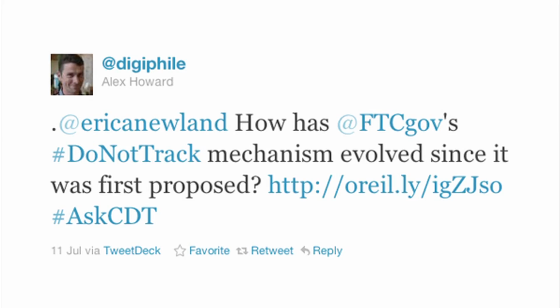Great. So the first question we're going to address is from Alex Howard, and he asked, how has the FTC's Do Not Track mechanism evolved since it was first proposed? And it was proposed in 2007. That's right. Back in 2007, CDT, along with other public interest groups, proposed what we then called a Do Not Track mechanism. The idea behind this mechanism was very similar to the idea behind the very popular Do Not Call mechanism.